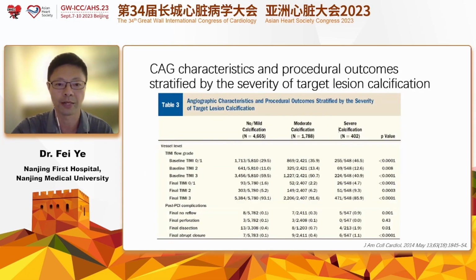The result of the same paper showed that if the patient's culprit lesion has severe or moderate calcification, the post-procedure flow of no zero is very high compared with other patients.